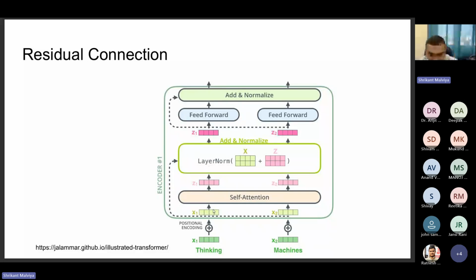Although I told you why it is so important, in this diagram you can understand it more clearly. After applying the self attention, we again add the input, to maintain the diversity of the input, and it also helps avoid the vanishing gradient problem during the training.